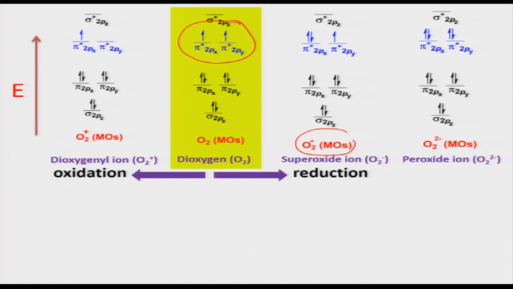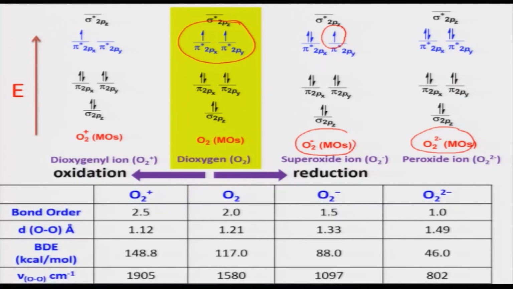In the superoxide ion, as you can see, there is only 1 unpaired electron now, and after 2 electron reduction it is O2 2 minus, called peroxide ion. In the peroxide ion, both the pi star antibonding orbitals, 2px 2 and 2py 2, are filled, and this is what I compare between O2 plus, dioxygen, O2 minus, superoxide and peroxide.